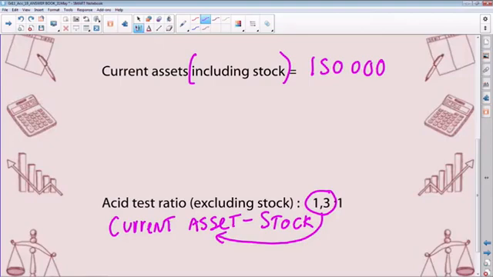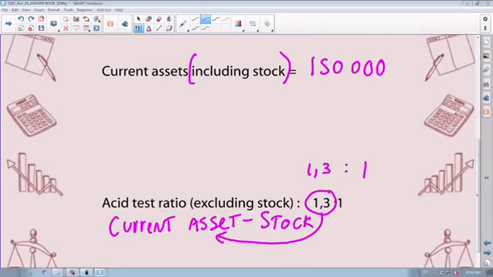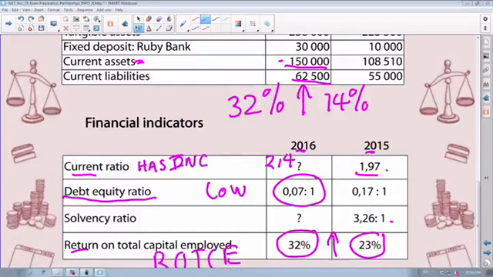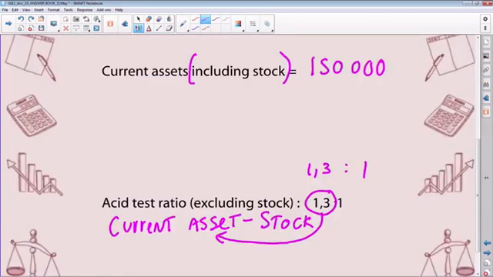Now remember guys, expressed as a ratio, 1,3 is to 1. And given the knowledge that we have, if we have to work backwards, the 1 represents your current liabilities, and your current liabilities for 2016, so let's just go back to the information sheet, it is 62,500. So let's use that information. 62,500.